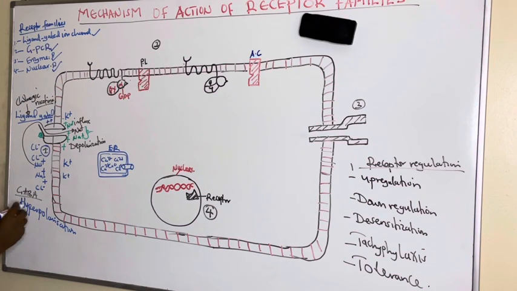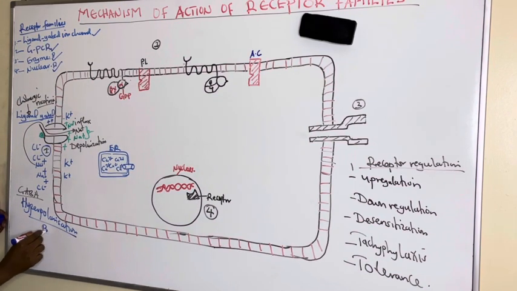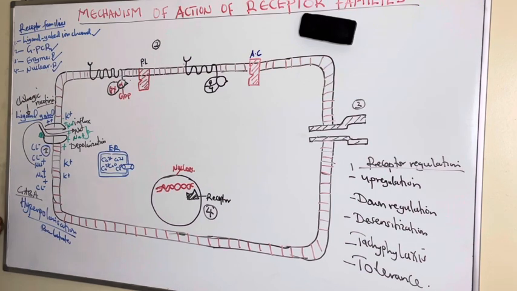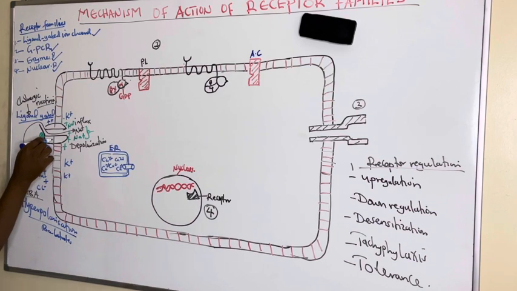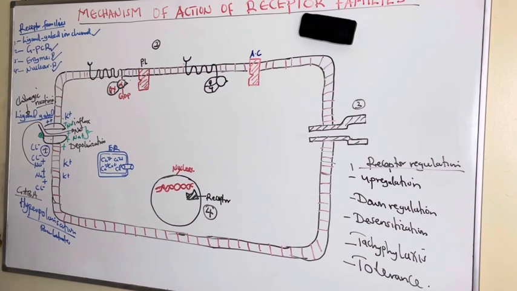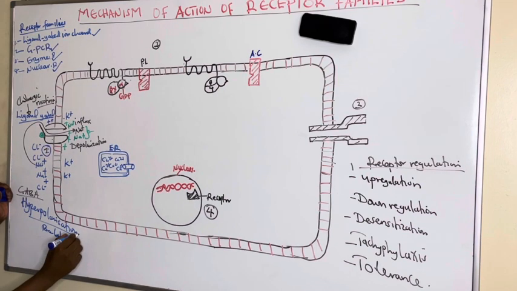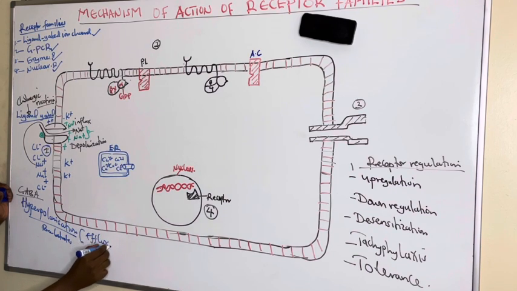Drugs like barbiturates cause hyperpolarization: when they bind on these ligand-gated ion channels, instead of causing influx of sodium, they cause efflux of potassium ions.